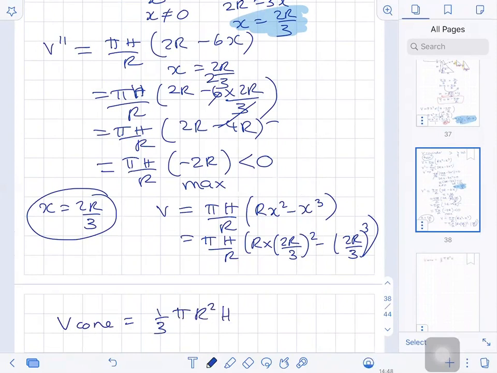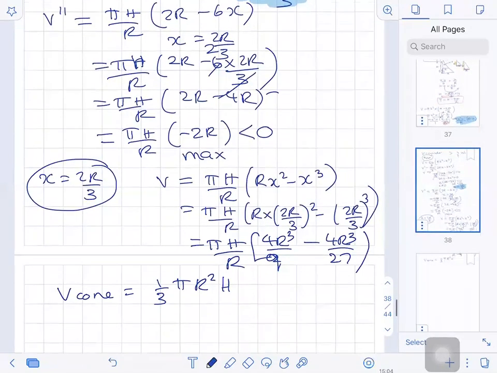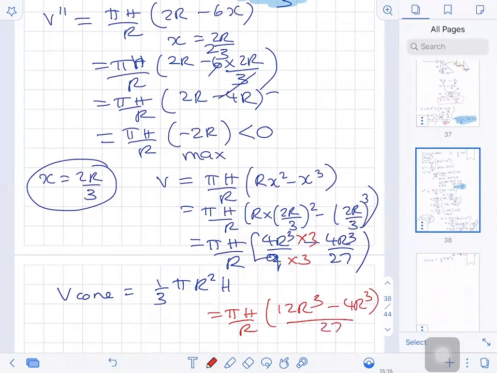Okay, so this here is pi h on r. That's going to be 4r cubed on 9 minus 4r cubed on 27. Common denominator, the times 3 times 3. Pi h on r, 12r cubed minus 4r cubed on 27.